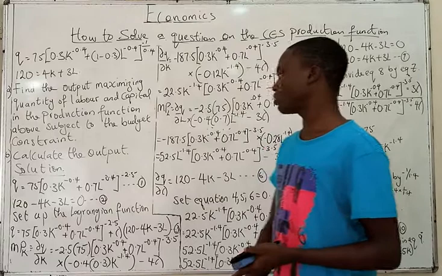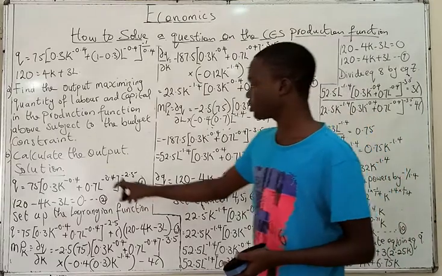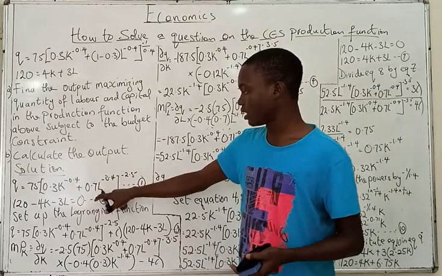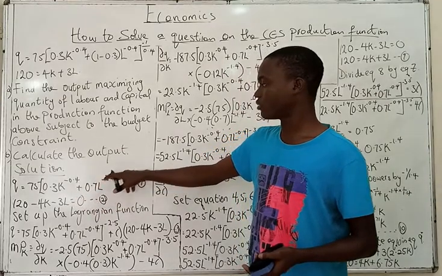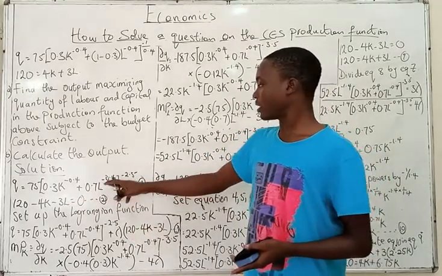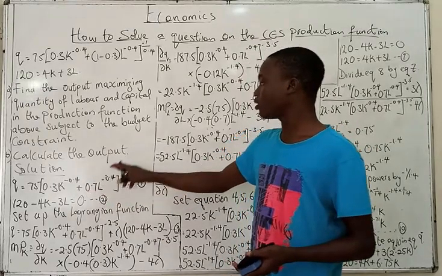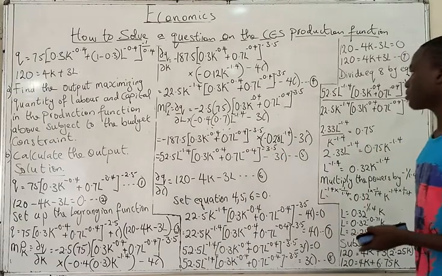This is the initial function with respect to labour. So that becomes minus 0.4 times 0.7L raised to minus 0.4 minus 1, and that's going to give us minus 0.4 times 0.7L raised to minus 1.4.